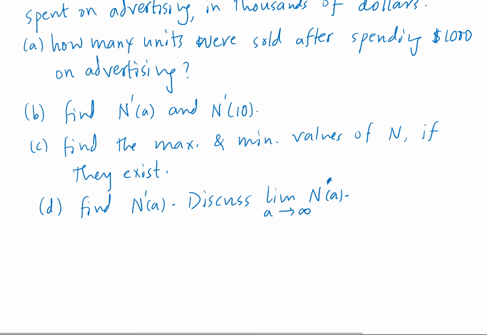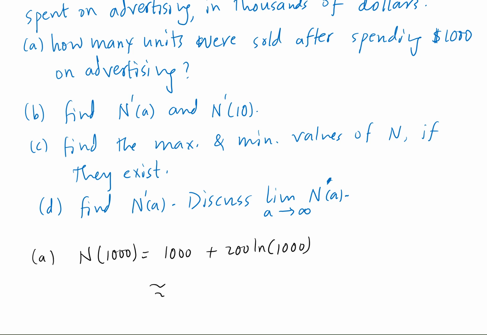For part A, they want us n evaluated at 1000, which is 1000 plus 200 natural log of 1000, which is 2381 units.